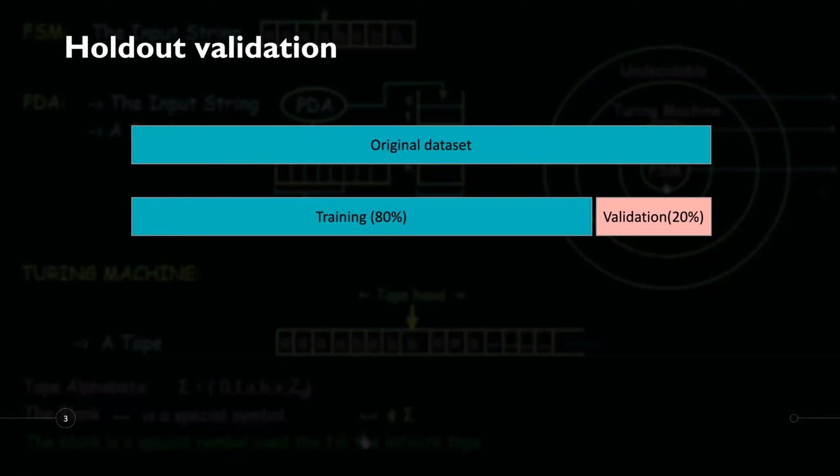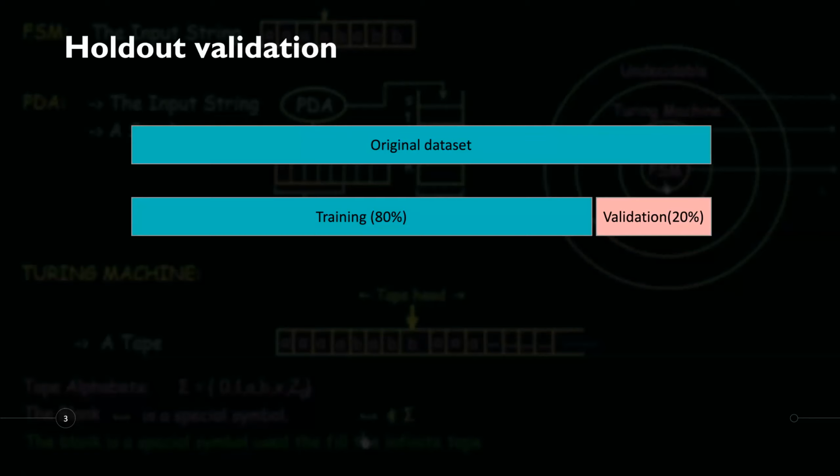Therefore, a possible way is to split the data into two data sets. One is called training, and the other is called validation. Typically we'll use an 80-20 split. Sometimes people would use a 90-10 split. There's no right or wrong, but 80-20 is probably the most common.